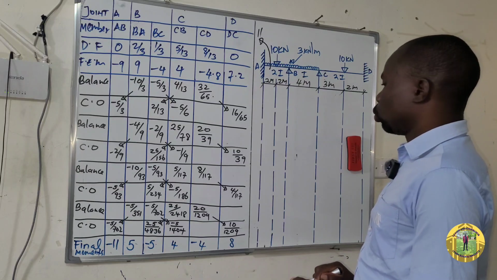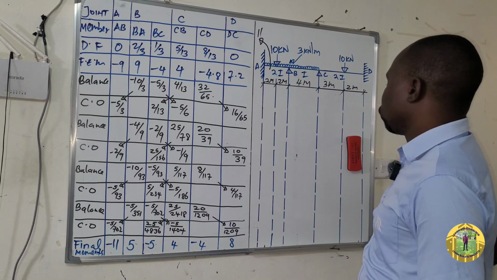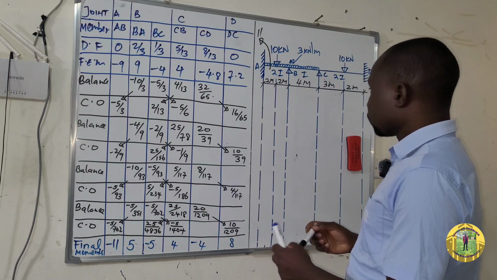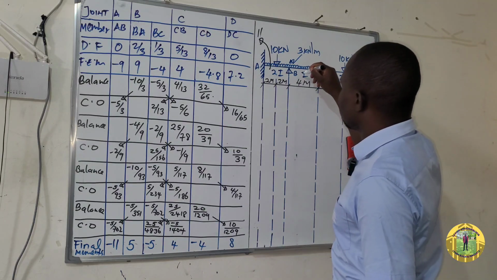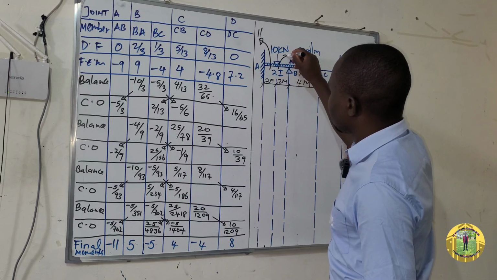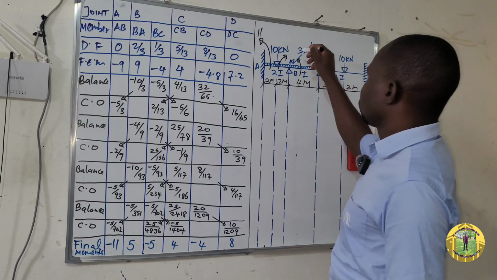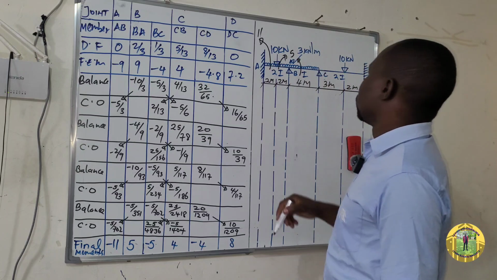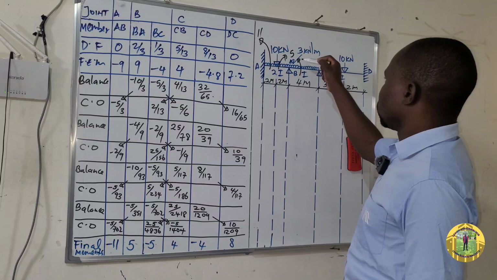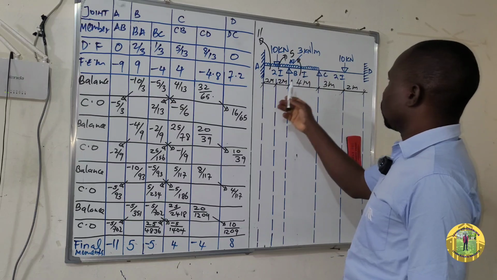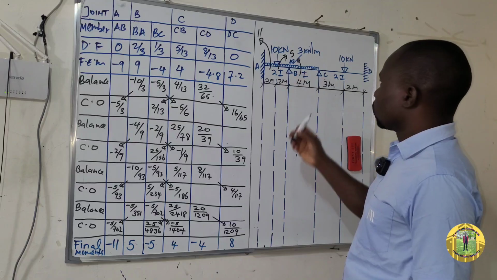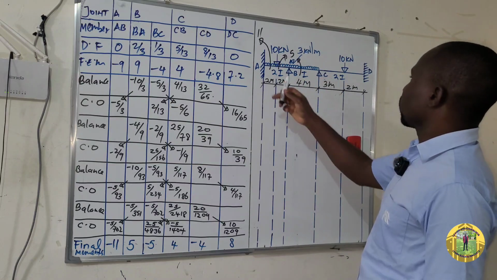And then we come to B, at joint B, we have 5. So this one is moving in anti-clockwise, so it will be negative, and this one is moving in clockwise, so it will be positive. So the arrows guide you.